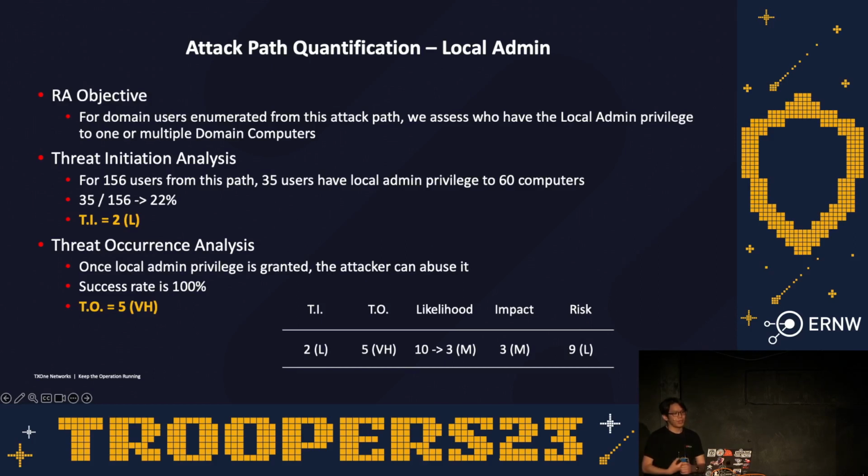For the impact, in this example, we found that one of the computers was hosting some service, and for the service computer, the impact will be 3 with the moderate level. Finally, we have the risk value for this attack vector, the local admin, in the context of the attack path we're assessing, which is 9 and the low level.